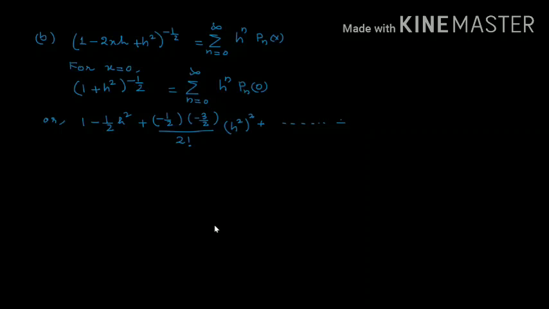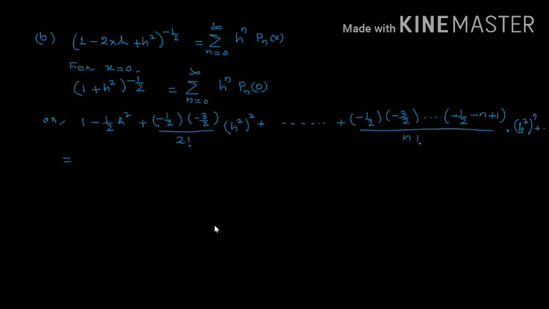Then the nth term is minus half into minus 3 by 2 up to minus half minus n plus 1 divided by factorial n whole into h square to the power n, and so on.